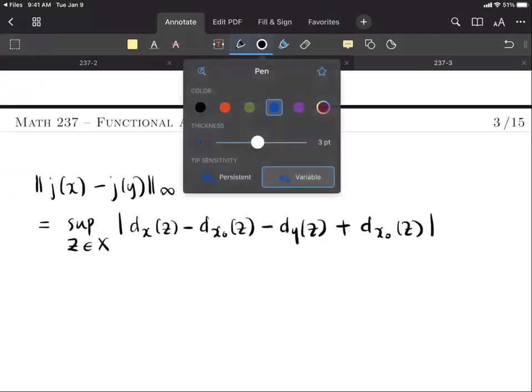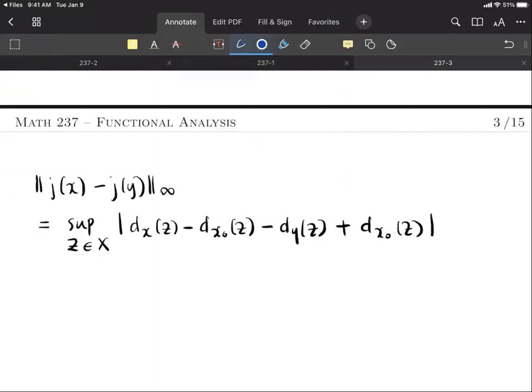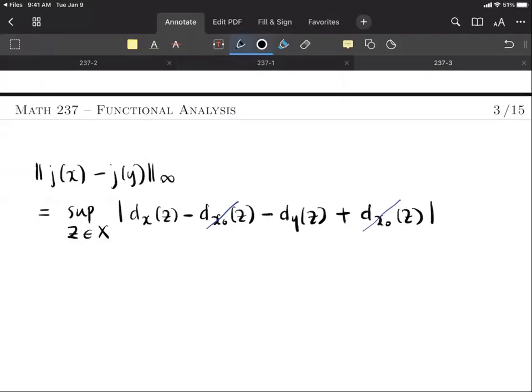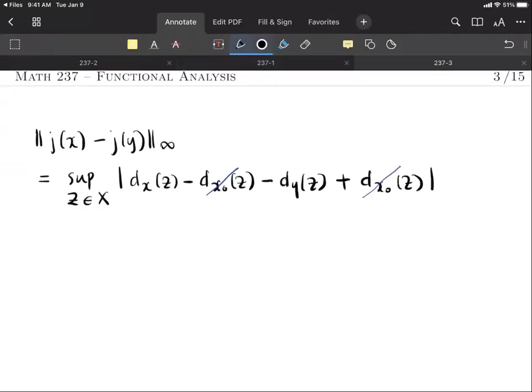Take note that we have the following terms. They're the same. And in this case, you will have the supremum of d sub x of z, that is the distance between x and z, minus the distance between y and z.